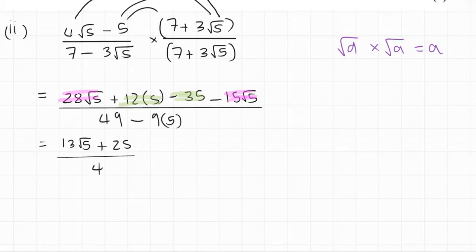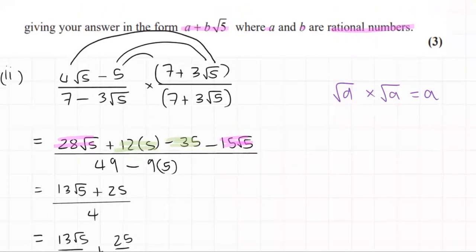Okay. So let's see. Just remind myself not to use calculators for this. 13 square root 5, splitting the denominators again, plus 25 over 4. I'm just going to check the form they wanted this in, a plus b root 5.